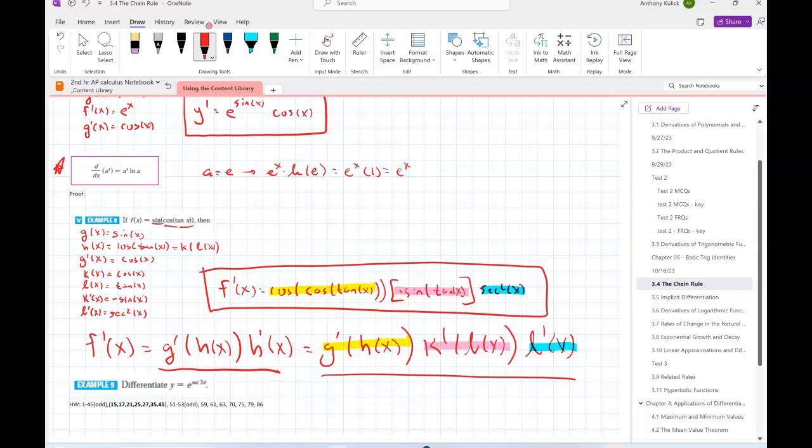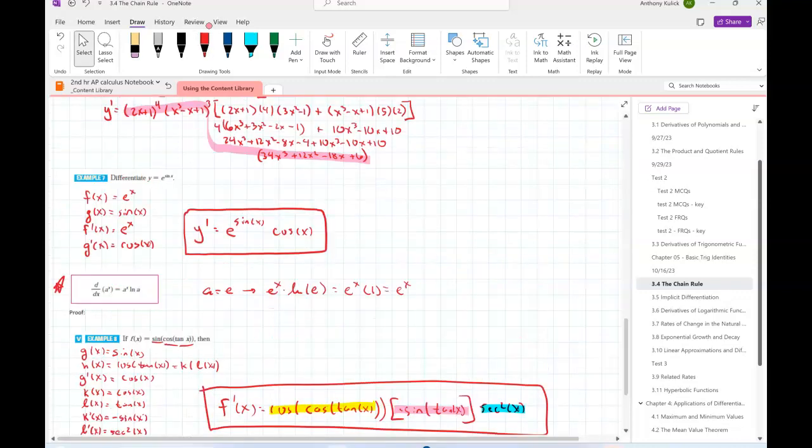Can the chain rule apply to almost everything else we've done? Yeah, the chain rule is just a way of doing a derivative of a composition. So some of the things we've done before, you could think of as compositions, right?